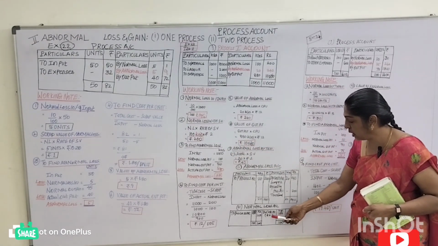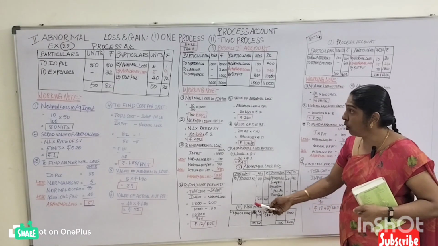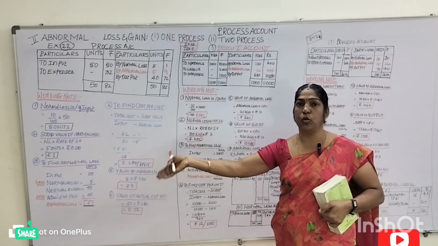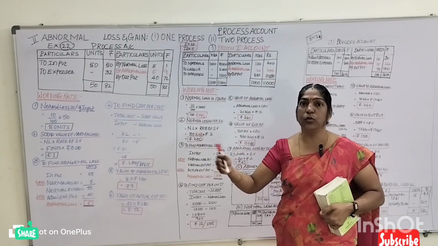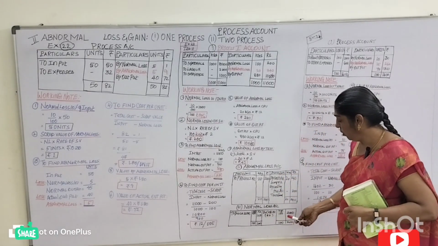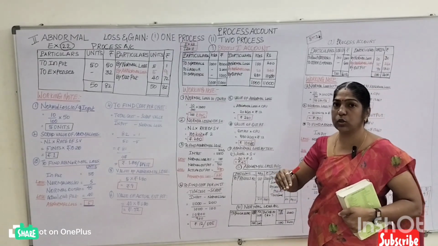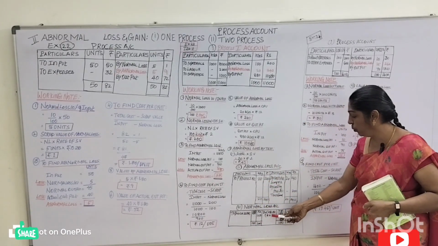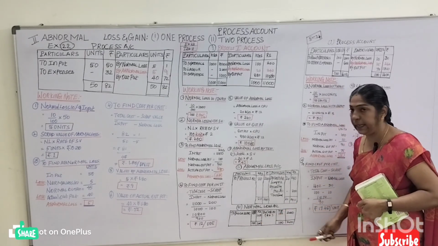So 100 kgs into 2 rupees, you are getting 200 rupees. So you sold the normal loss product through scrap value and you received the cash, only that low cost. So it will be tallied.